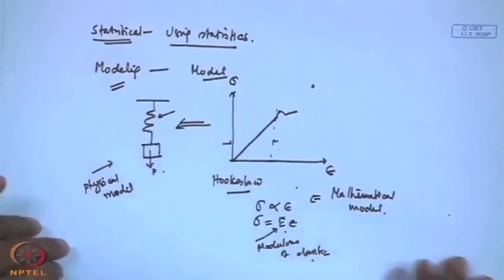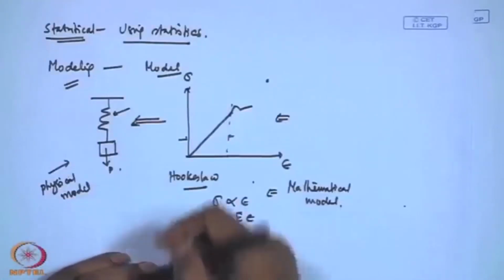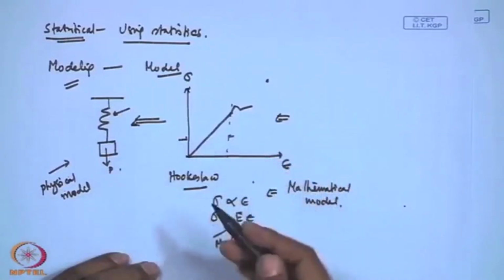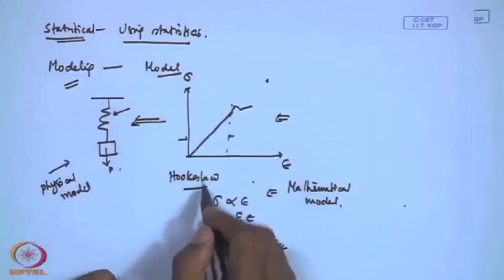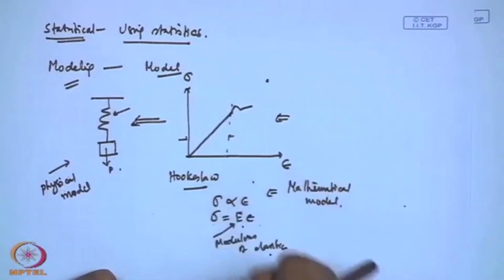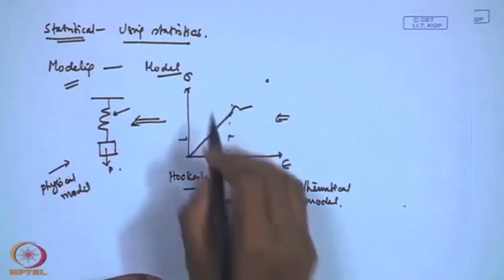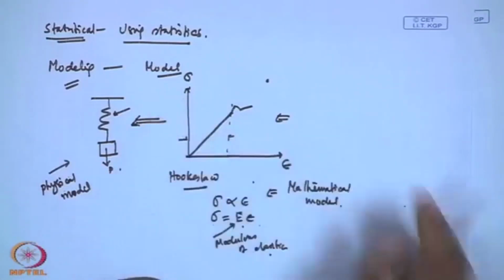Okay. Now, what will be the statistical model in this case? For example, in the beginning of this particular study, how did Hooke develop all those things? Perhaps through experiment, I have no idea. But suppose you don't know the modulus of elasticity, but you know that it is an elastic body, and you want to find out the relationship.